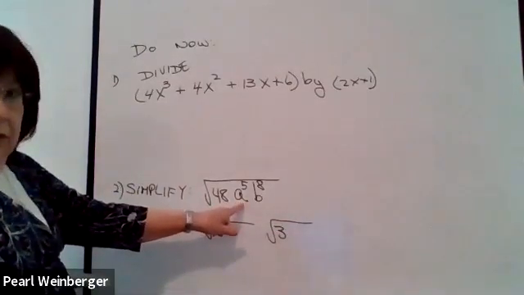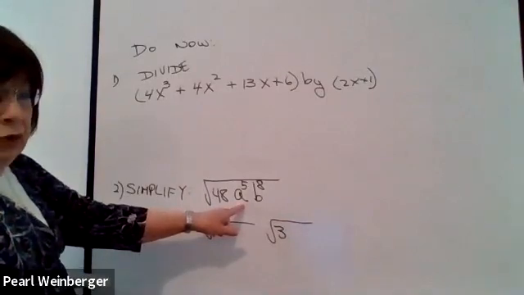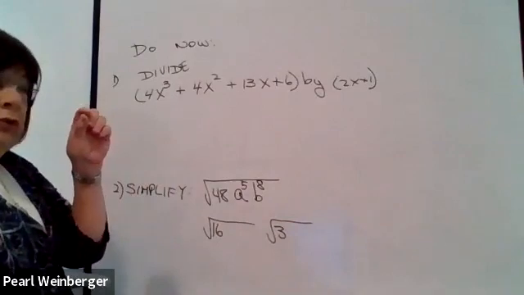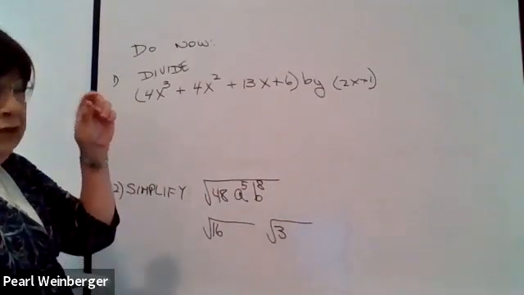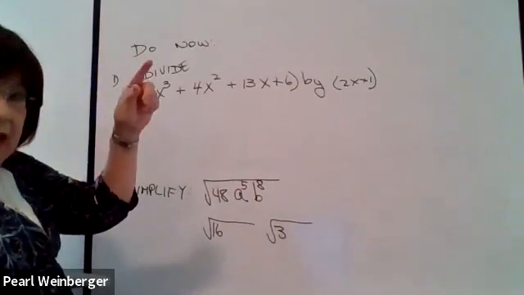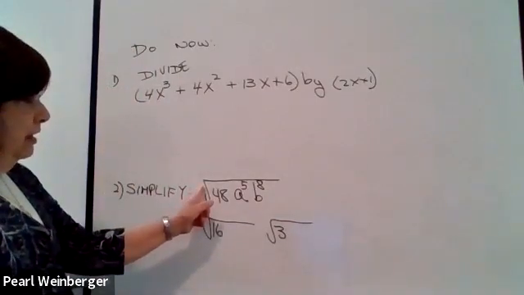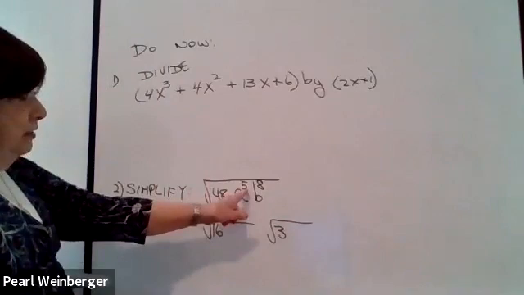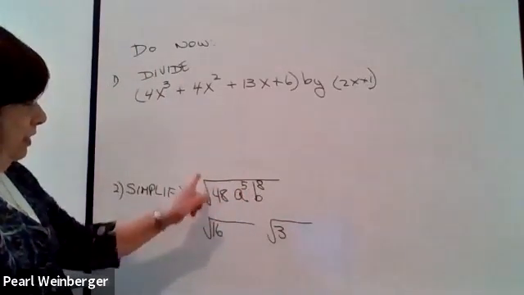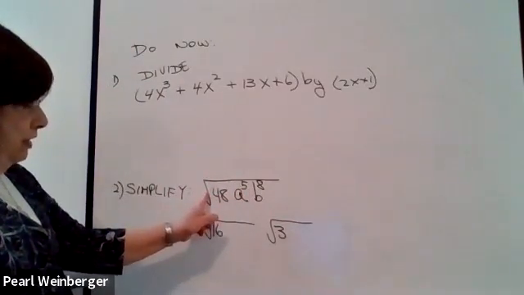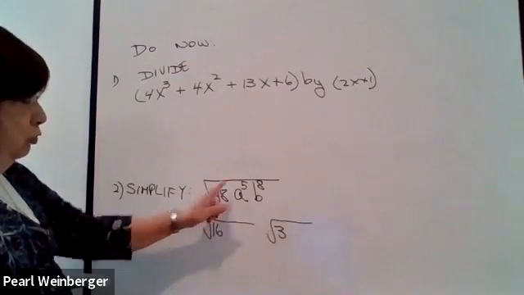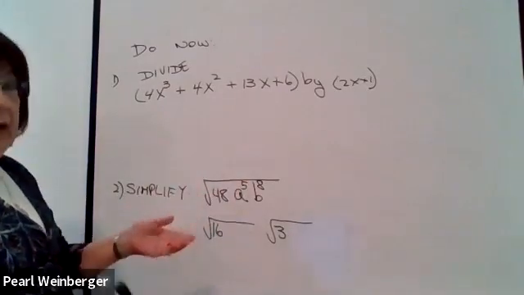Now, working with the variables is actually easier, because what you're doing with the variable is taking the exponent and dividing it by the index. In this case, the exponent is 5, and remember, when no index is written in, it's understood to be 2, and I would get 5 divided by 2.